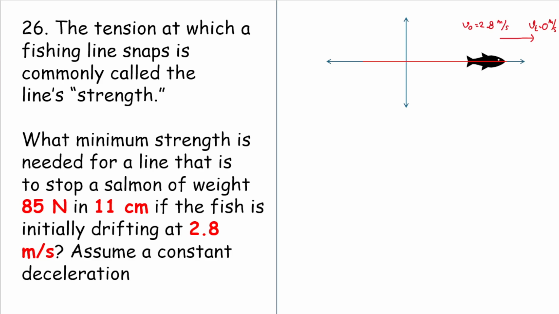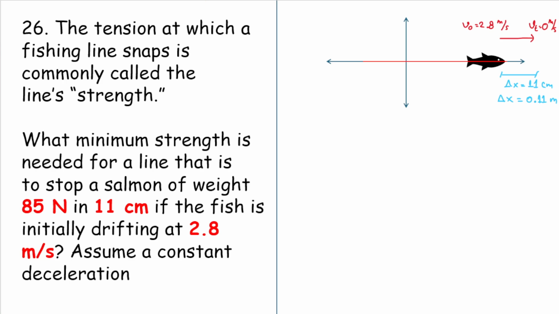The distance when it stopped is 11 centimeters, so delta x is equal to 11 centimeters. Converting that into meters, delta x is equal to 0.11 meter.